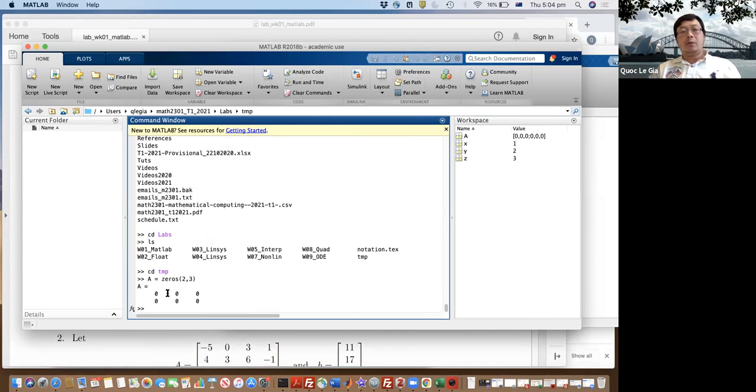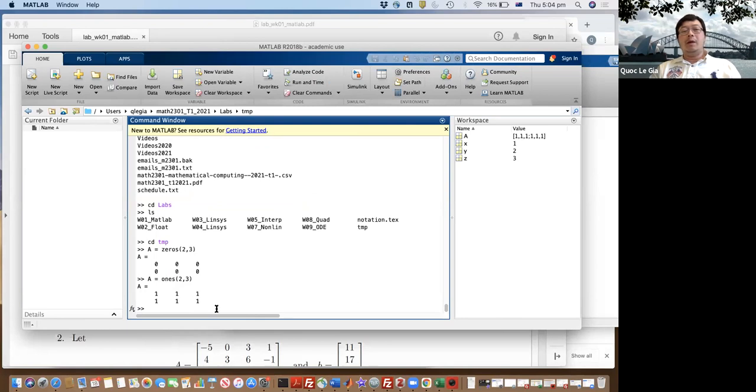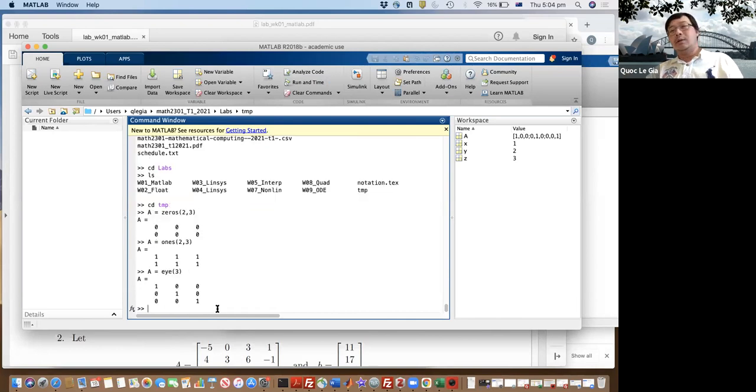You see that is a 2 by 3 matrix, and all of them are zeros. Or you put in ones, then you see all the elements are ones, yeah? Or you put in I, say 3, so identity matrix, 3 by 3 identity matrix. So that is how you define the matrix A.